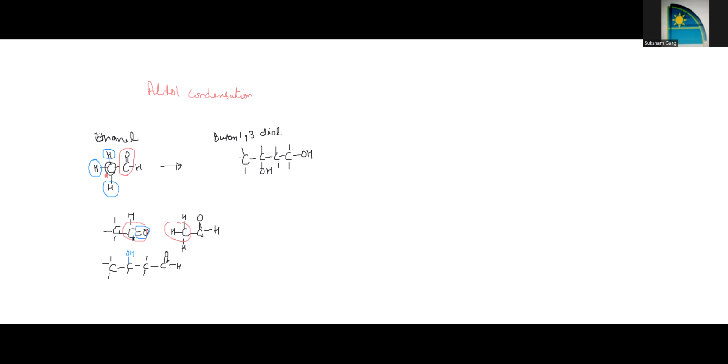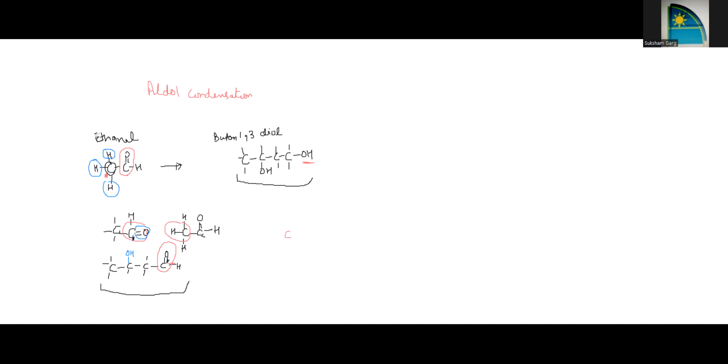Now, if you notice, whatever we got, this is called a product of aldol and this molecule still contains carbonyl group and this molecule contains OH instead of this carbonyl group. So this is classic method you have learned from small age.